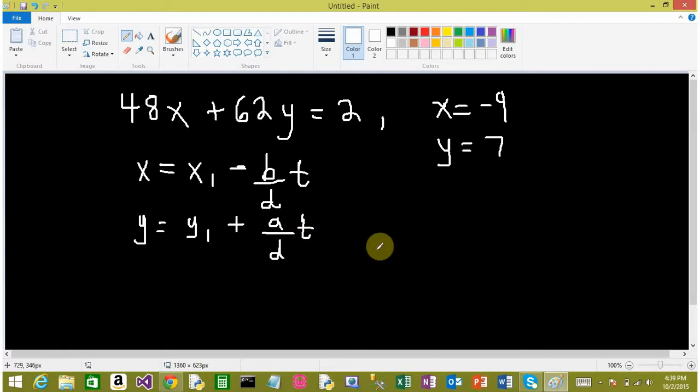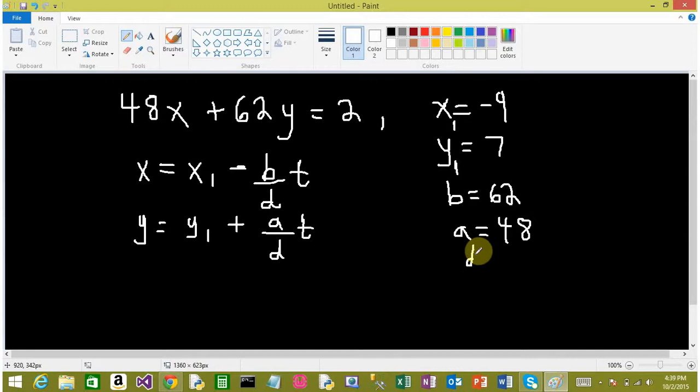So the way to get this general solution is to take the x1 and y1 that you had. Right there, x1 is -9, y1 is 7. And then take your value for b. We found b is 62 with the y, and a is our 48, that's with the x.